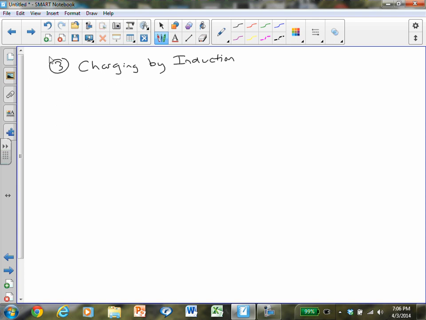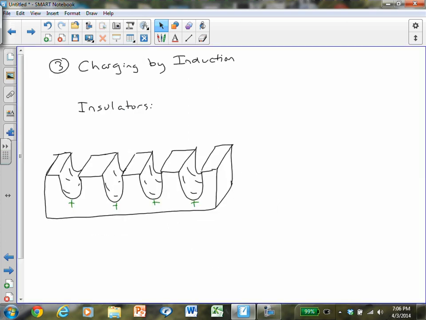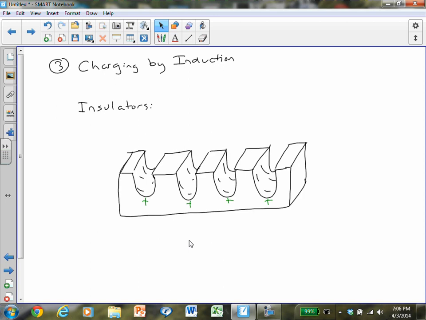Okay. Now there's two, insulators and conductors will work for this, and we'll have to look at two models. So let's start with insulators. And we'll look at using our well model here. So let me take an insulator like so, and let's take a charged object.